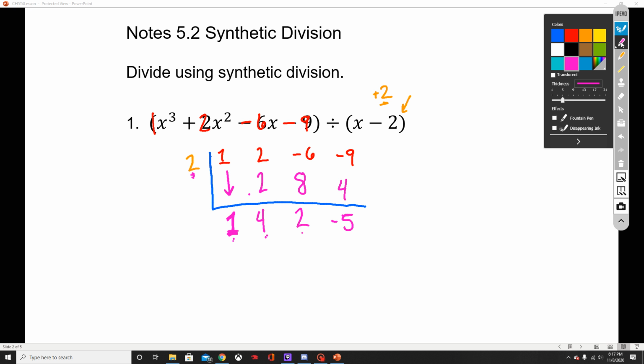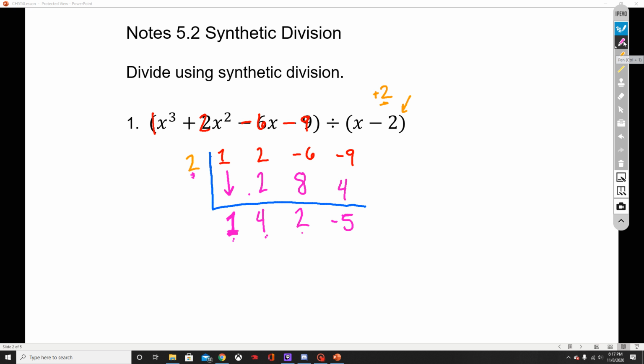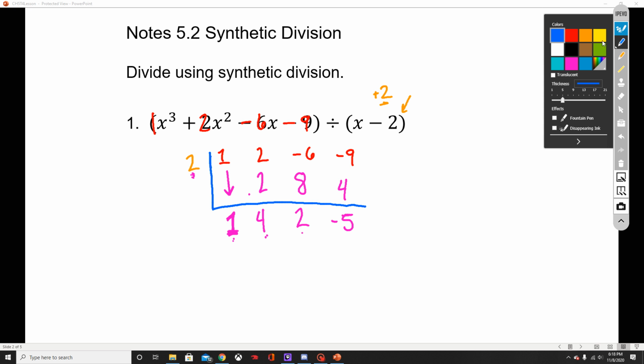So the numbers that we get are 1, 4, 2, and -5. What does this tell me? It tells me the coefficients of the quotient.